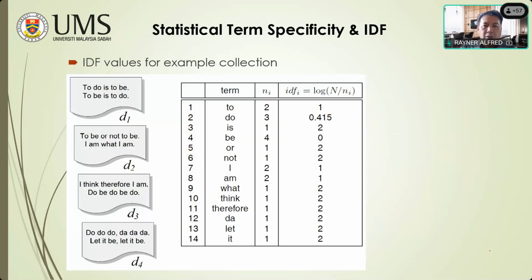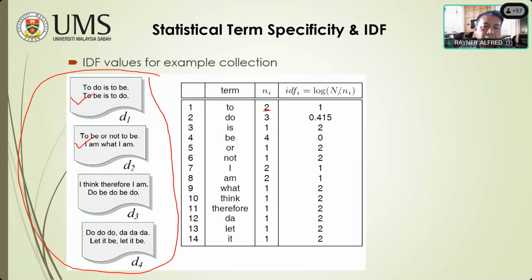Okay. So having said that, now we have this IDF. For example, like this, we have 4 documents, and this one refers to how many documents the term exists in. So we have 1 and 2. Okay, so that's why we get 2.